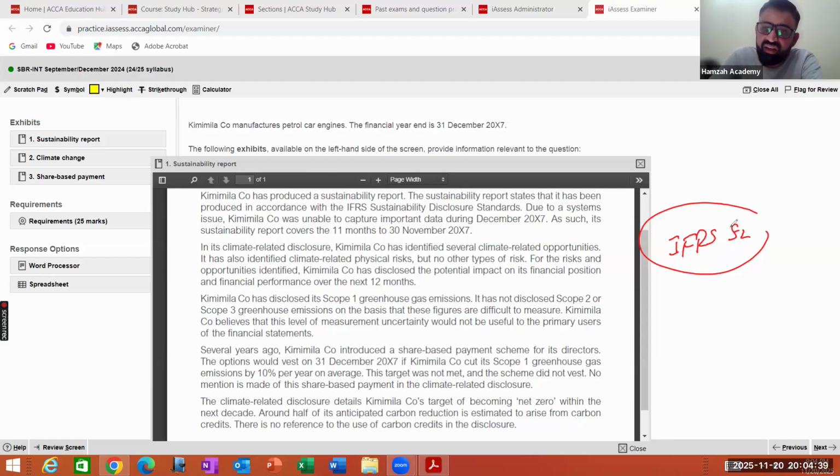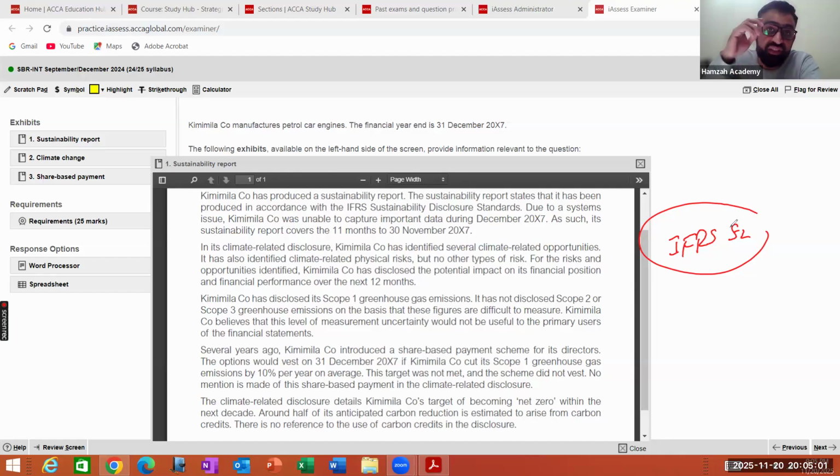And it is a requirement that we should disclose the scope 1 greenhouse gas emissions. So they have disclosed the scope 1, but they have not disclosed the scope 2 or scope 3. Now, dear students, scope 2 and scope 3 are the indirect carbon dioxide emissions.